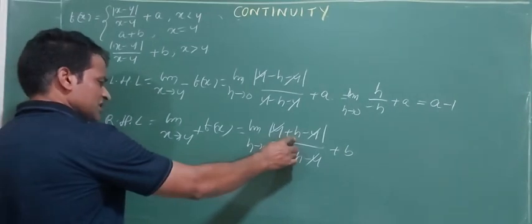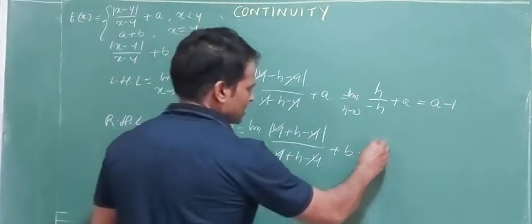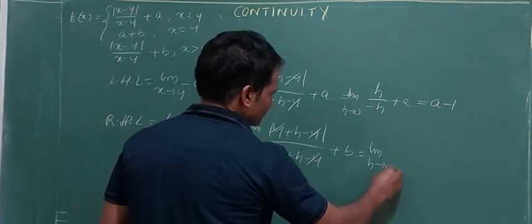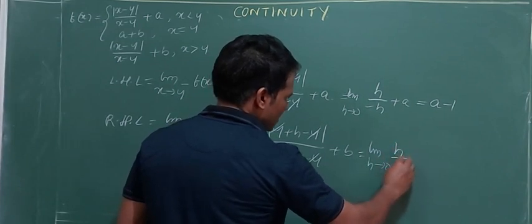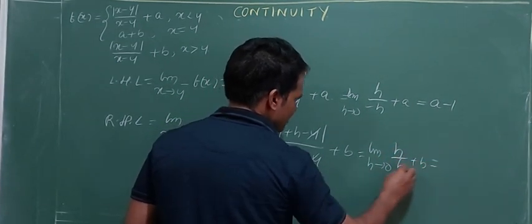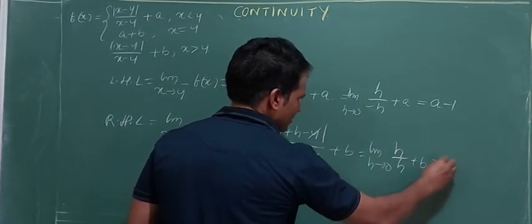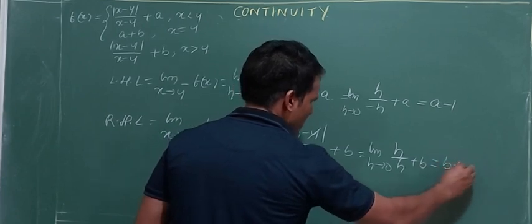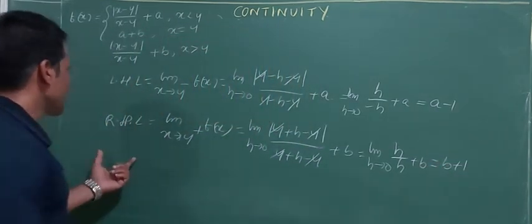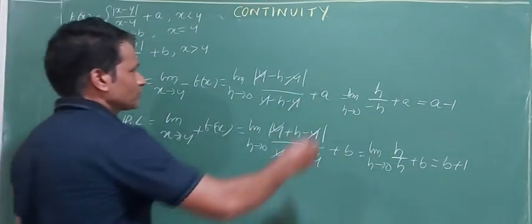This is h by h plus b, limit h tends to 0, which gives you 1, b plus 1. And you can see that at the point the value is a plus b.